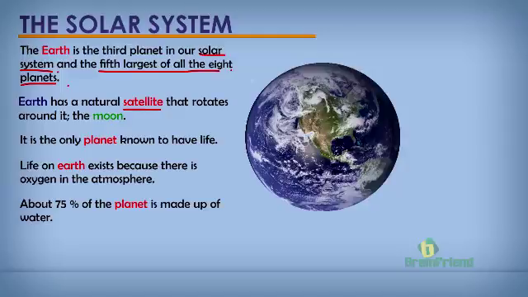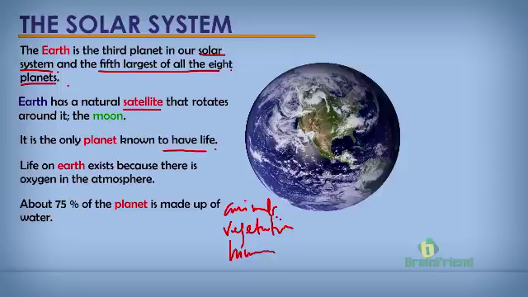It is the only planet that has life in it. Earth has suitable atmosphere and conditions that can support life. So on Earth, we have vegetation, we have humans, and we have animals of all kinds that are supported by the conditions conducive on Earth.